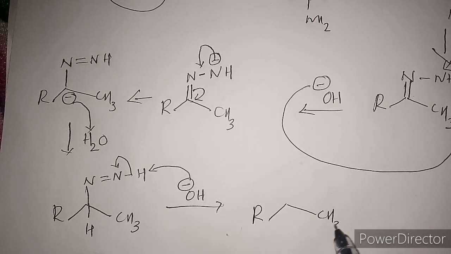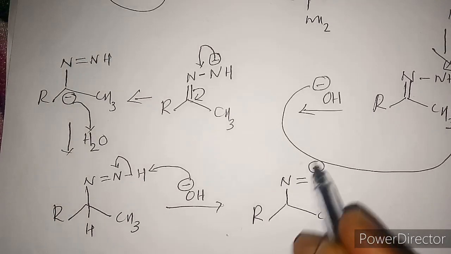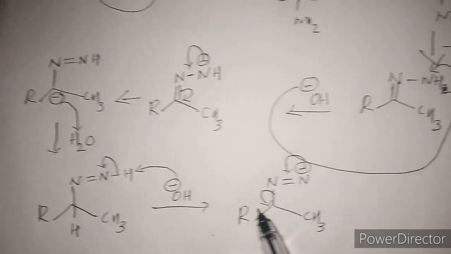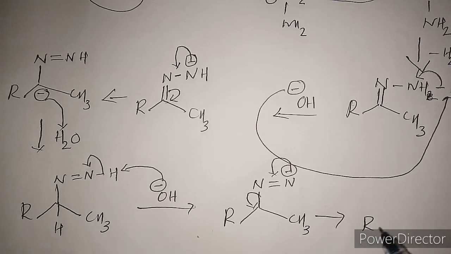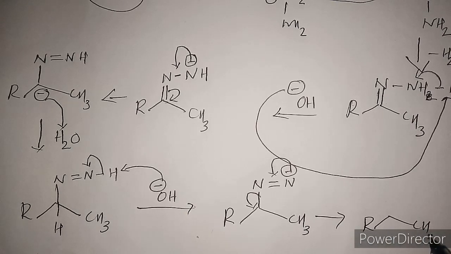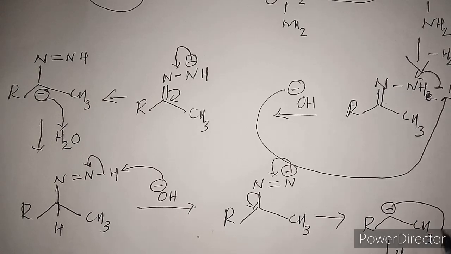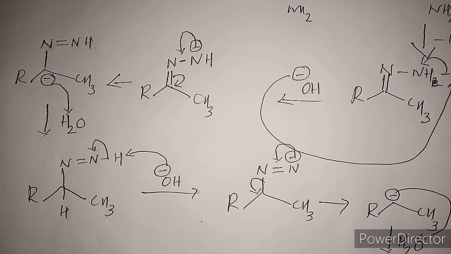So we will get CH3, N double bond minus, this minus again makes a pi bond, and this bond breaks down and the electrons will be attached to carbon. So therefore carbon gets a negative charge. Now again the negative charge abstracts a proton from the water molecule. So therefore we will get CH3.